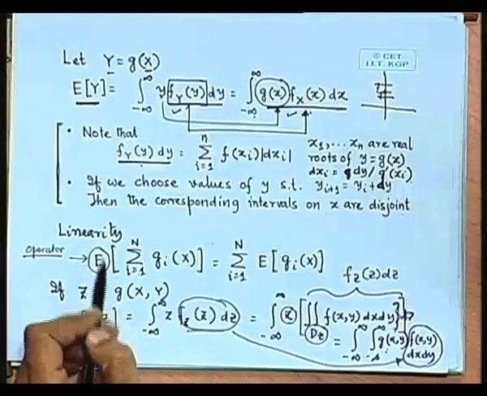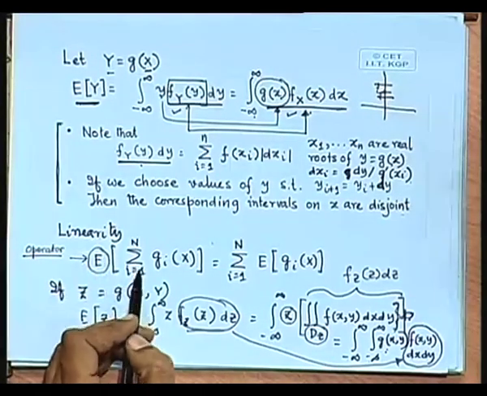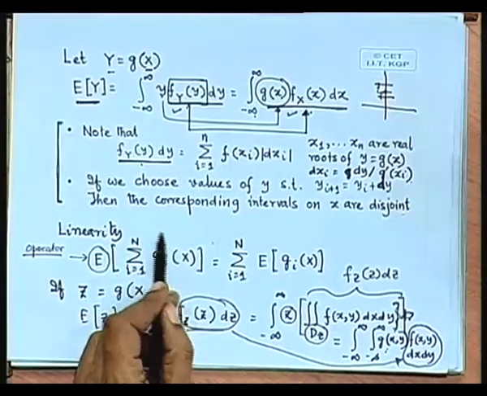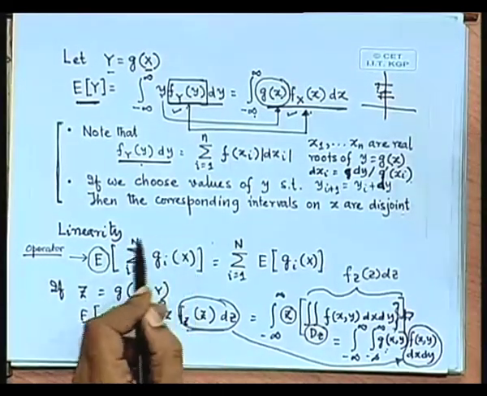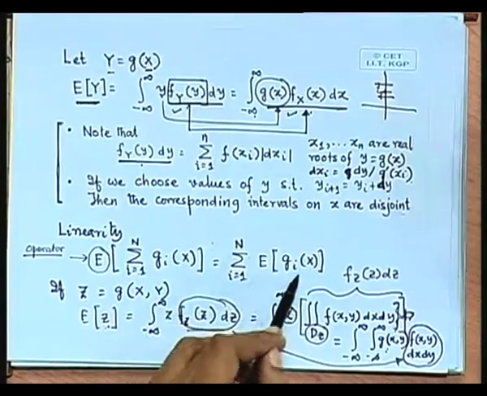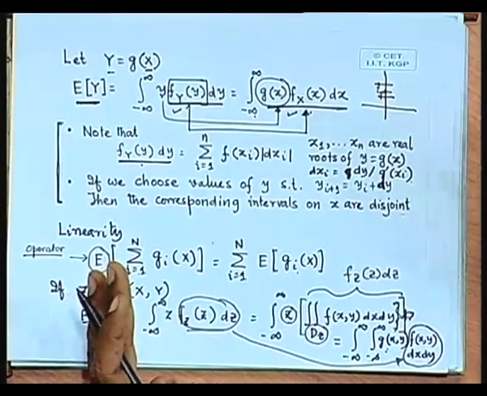Now, the first thing we are trying to note is that this operator is actually linear. What do we mean by linear? What we mean is that if we take the expectation of a sum of quantities, then that is equal to the sum of the expectations of these quantities. So, expectation of sum is equal to sum of expectation, right. In that sense it is linear.